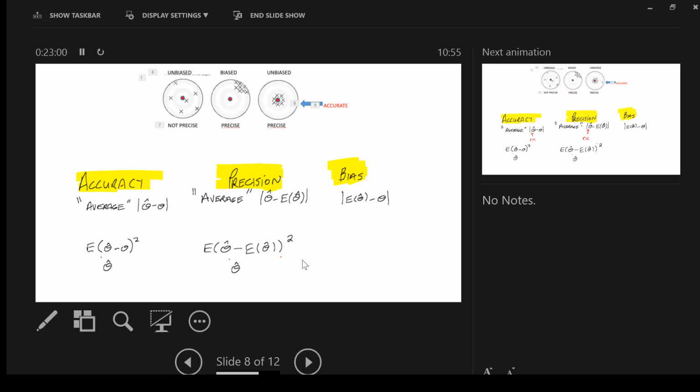So if you look at the middle picture there, their own mean will be in the middle of those. Think where E of theta hat will be, in the middle of all those little crosses in the corner there. So they'll be close together. The fact that they're far from the real value is totally irrelevant. You see, precise just says, are the values close together?